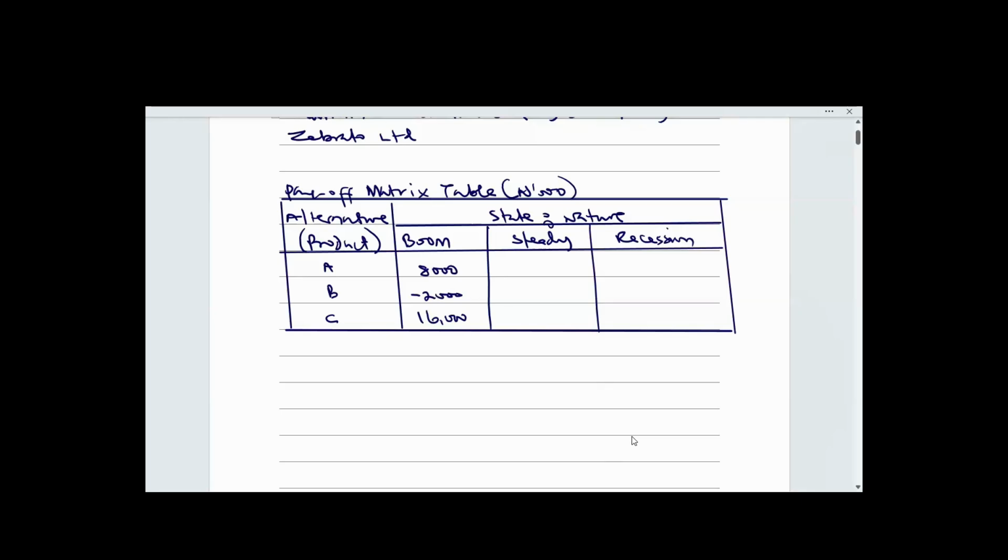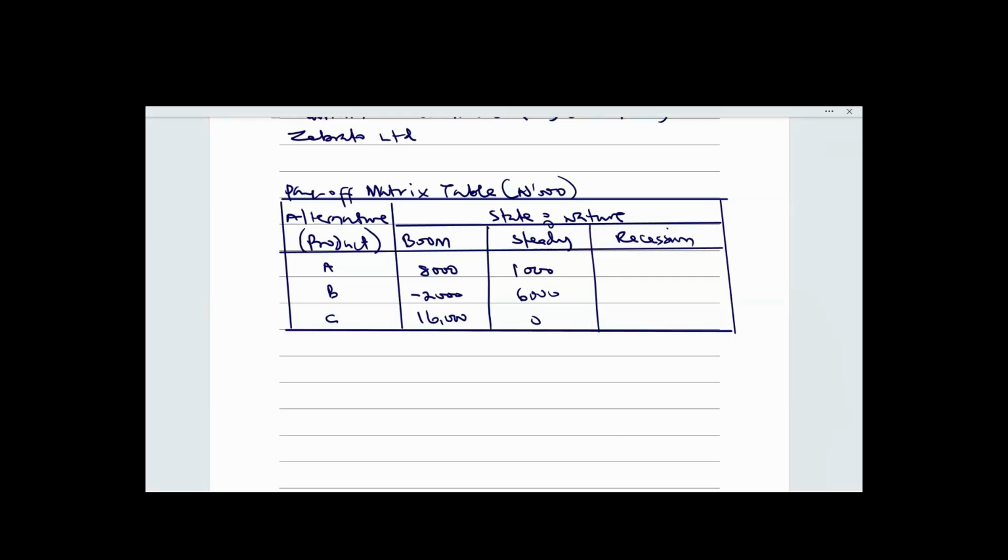we are told that when the economy is steady, 1 million naira profit will be achieved on product A, 6 million profit on product B, and no profit on product C. So 1 million, 6 million, 0. I will then go to understeady, 1 million, 6 million, then 0. I will go back to the question, the last one.